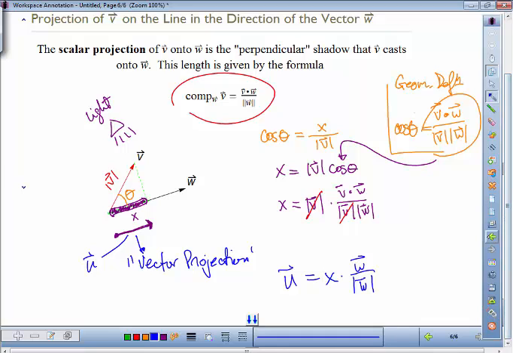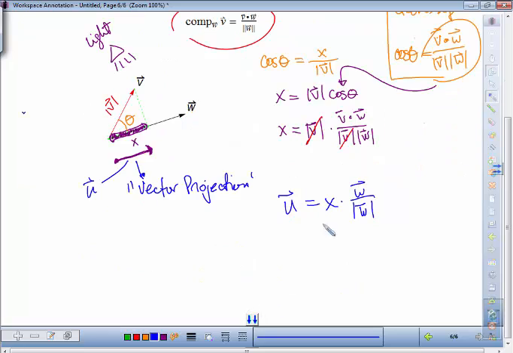Okay? So x is equal to this, v dot w over magnitude of w, and we want to multiply this by w over magnitude of w. So let's rewrite that: v dot w divided by magnitude of w, multiplied by w over magnitude of w.